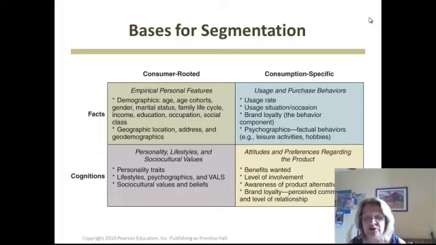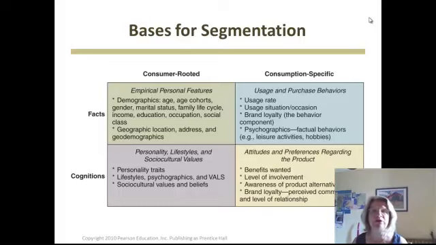Within each of these 2 larger types of schemes, segmentation variables can be considered to be based on what is absolutely known and measurable about the consumer versus cognitions, which are abstract and can be determined only through more complex questioning.